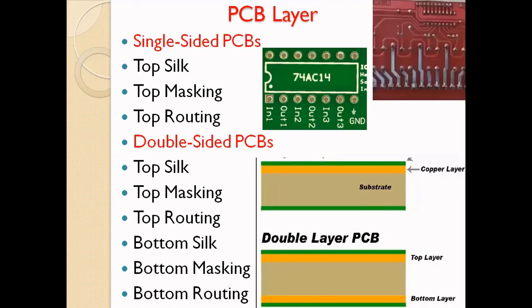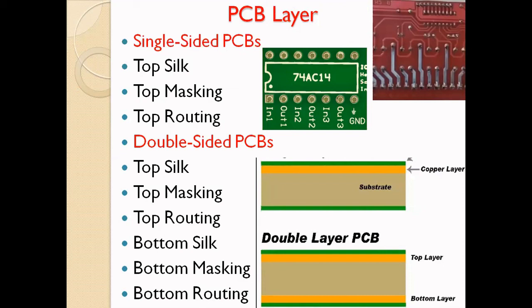Next, PCB layers. Here I am just giving the overview of PCB design only, because the main concept is that we are going to design the PCB board. The design part is very important. If you are going to design a PCB, these are the basic things you need.